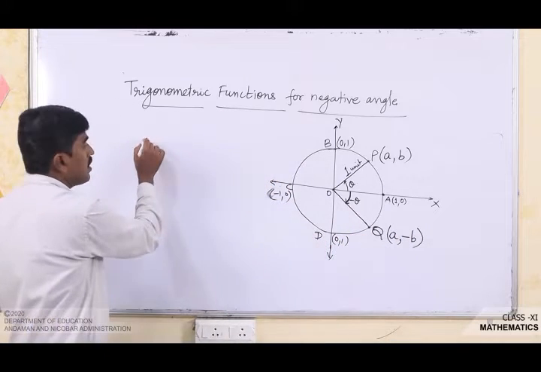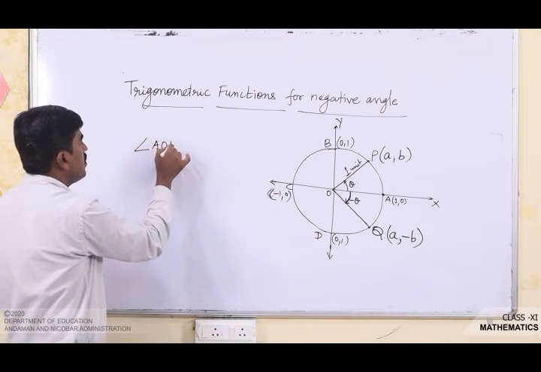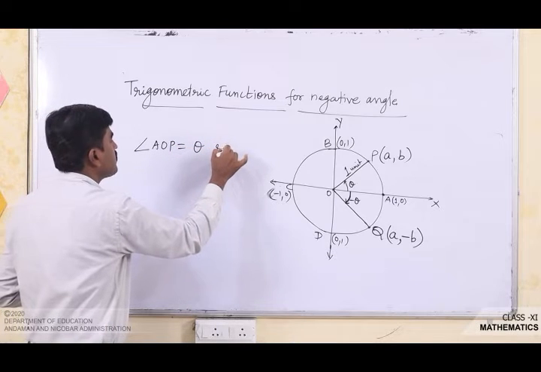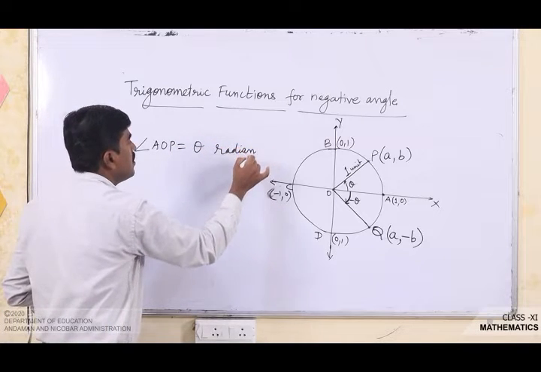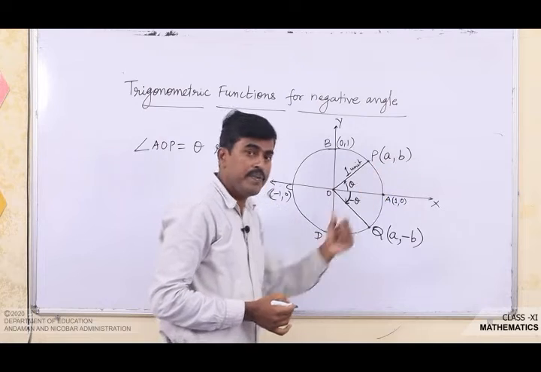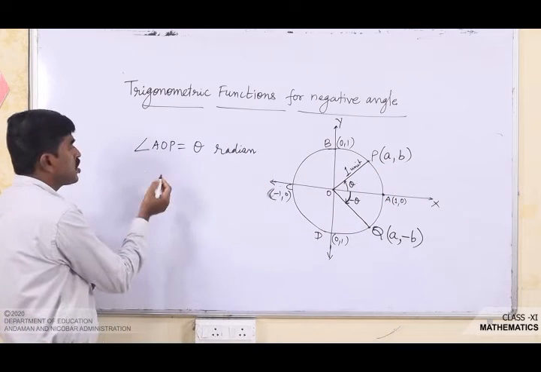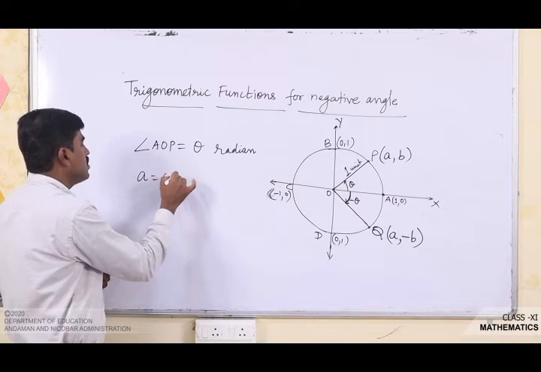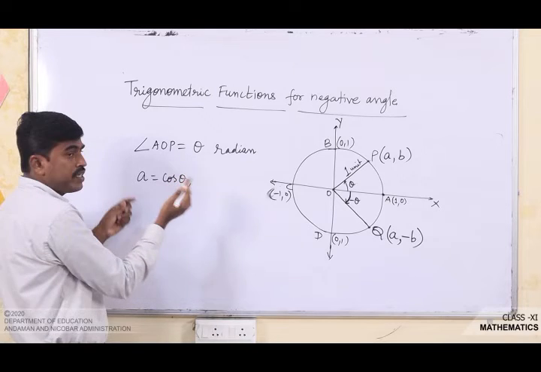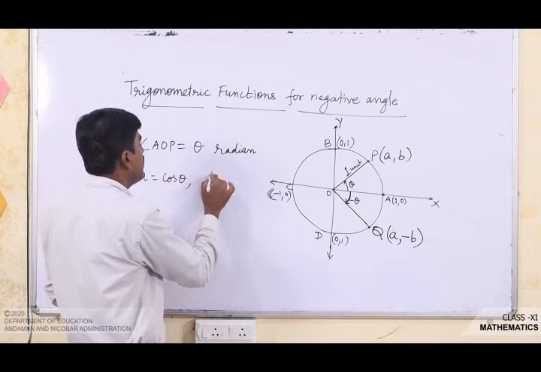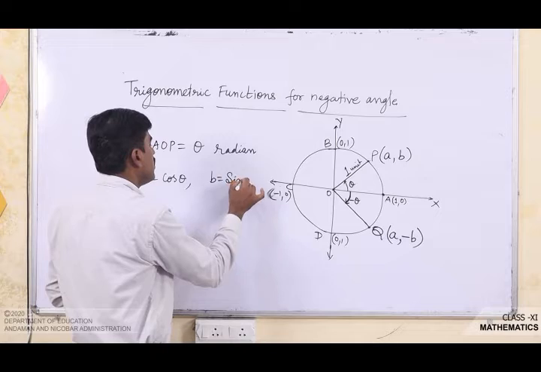And we know that if angle AOP is equal to theta radian, then the coordinates of this point P, A comma B, can be expressed as A is equal to cos theta. Just now I told you A is equal to cos theta and B is equal to sin theta.